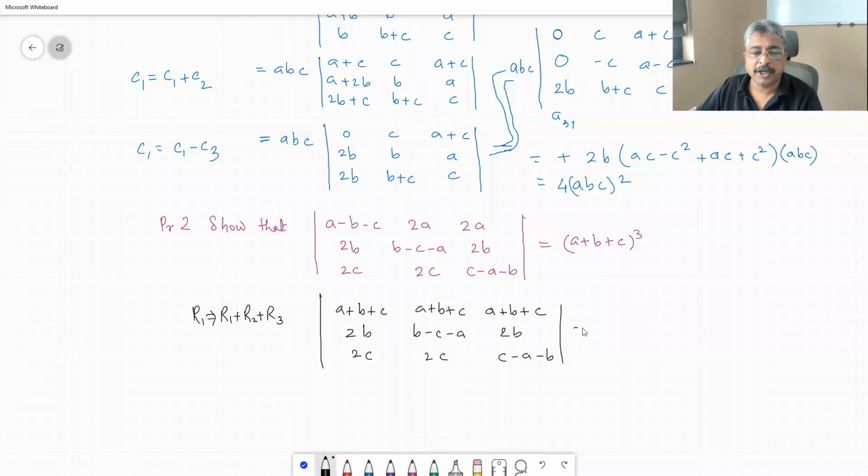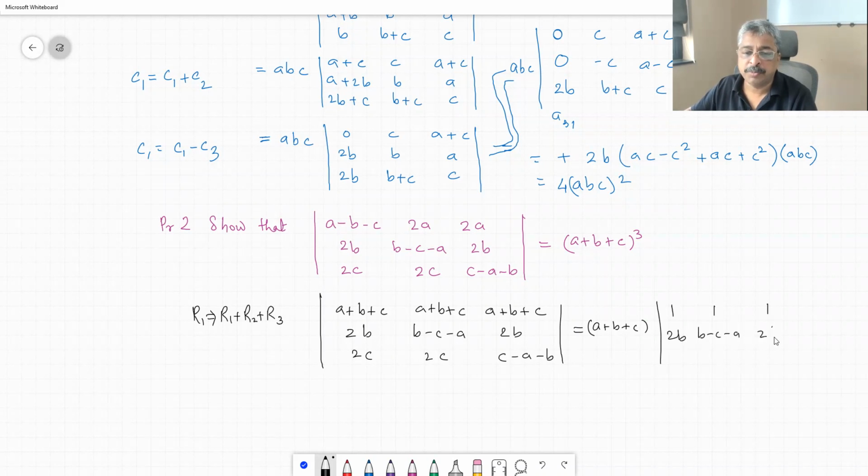Hence you can take out A plus B plus C common, and the matrix will become 1, 1, 1, 2B, B minus C minus A, 2B, 2C, 2C, C minus A minus B. Now you can create two zeros over here. So this is equal to A plus B plus C. You can have the first column as it is.